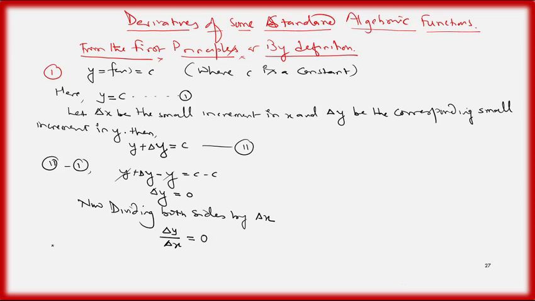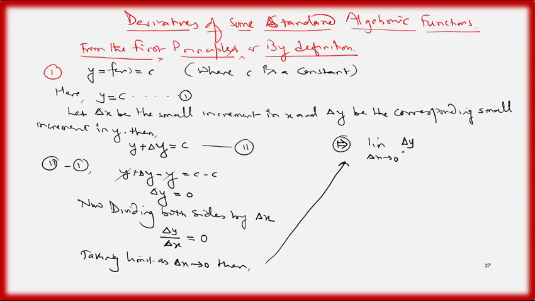After that, taking the limit as del x tends to 0, limit del x tends to 0 of del y by del x equal to limit del x tends to 0 of 0.